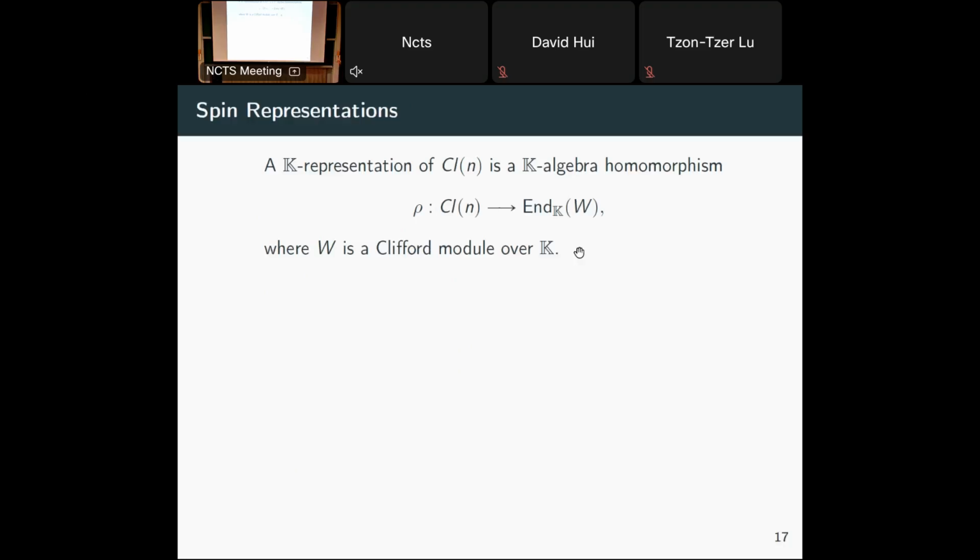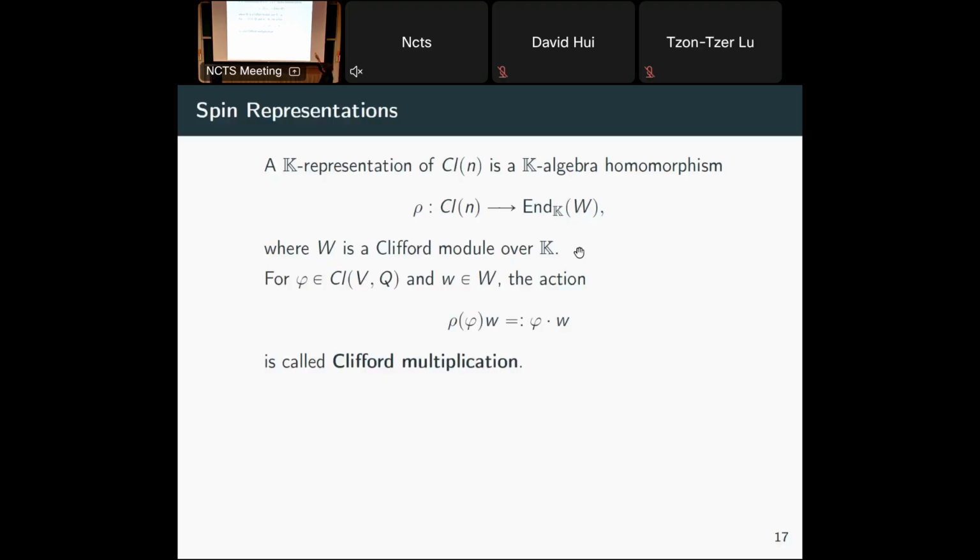So you can consider a K representation of your Clifford algebra, which is nothing but a K algebra homomorphism, where you have the Clifford module W. And then the action rho of phi, where phi is an element of the Clifford algebra, acting on an element of this module W, you can shorthand by phi dot w, and we call it the Clifford multiplication. Real or complex, that's what we'll take K to be.